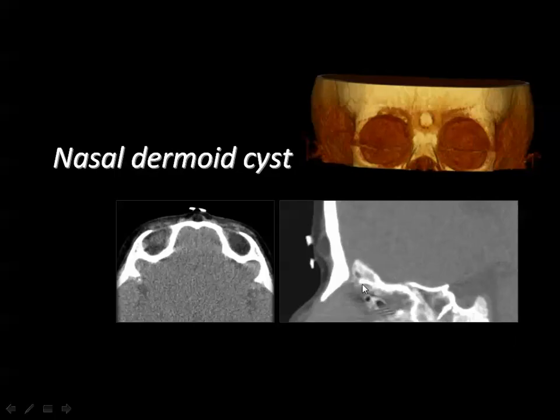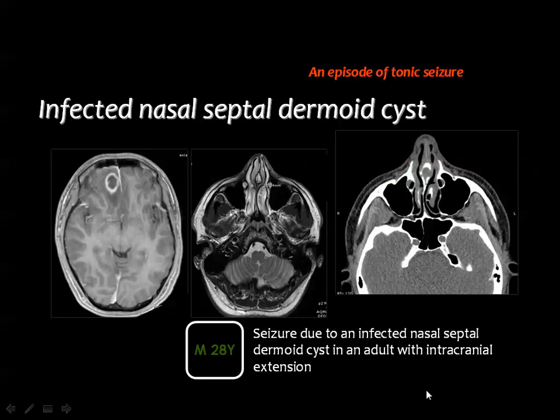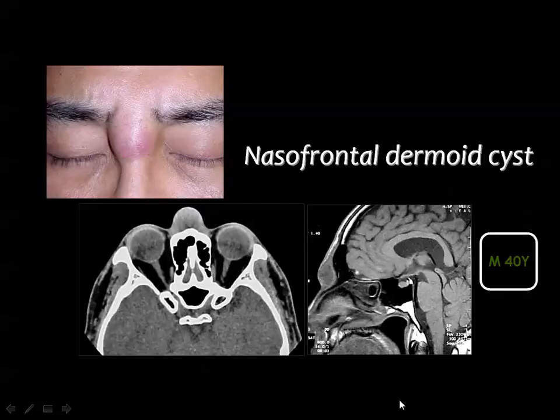But here, by the CT, you may be able to see that this is fat inside this midline dermoid cyst, where this is a 3D reconstructed image. And here, an infected nasal septum dermoid cyst, which has been complicated by an intracranial brain abscess in the frontal lobe, as seen by this contrast-enhanced MRI.